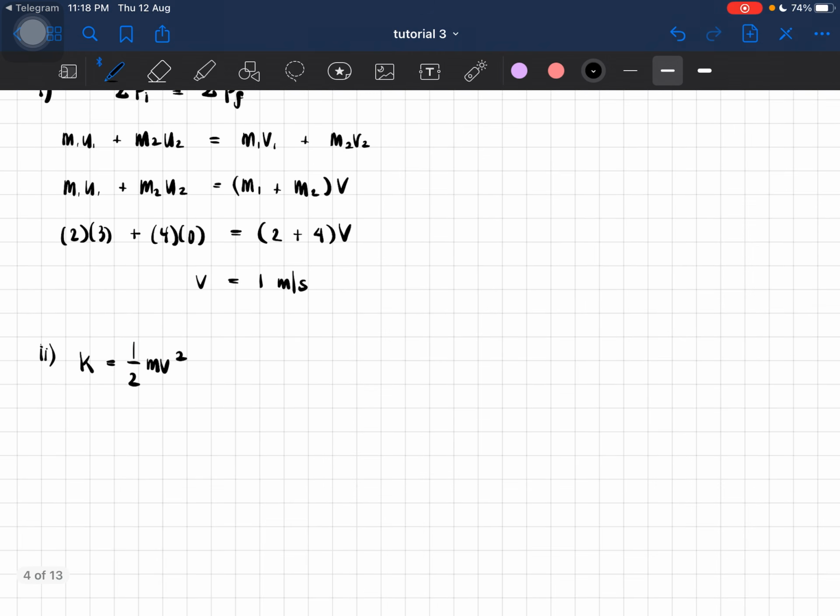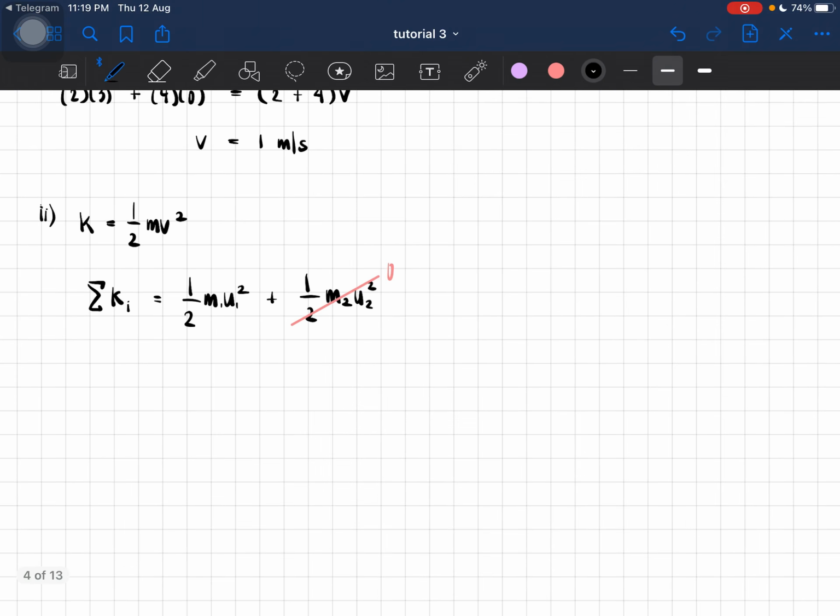So their answer is wrong. Now we can find the total initial kinetic energy, which is before the collision: half m1 u1 square plus half m2 u2 square. This one is automatically 0 because the initial velocity is 0.